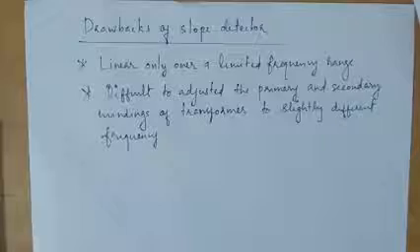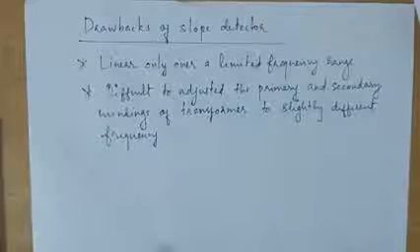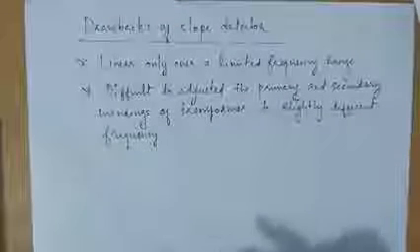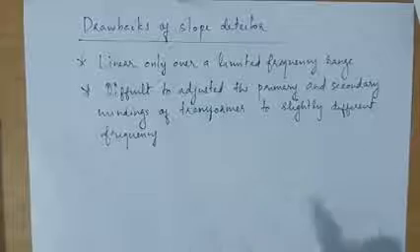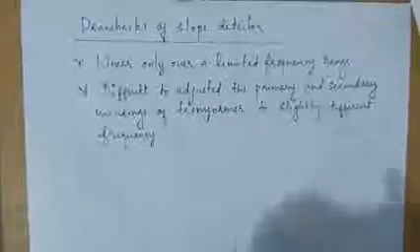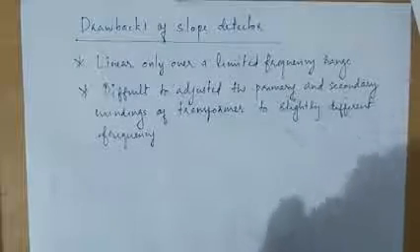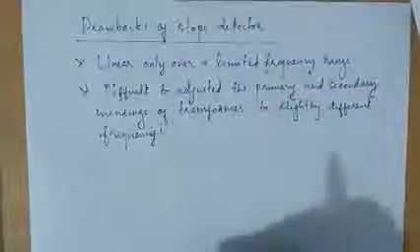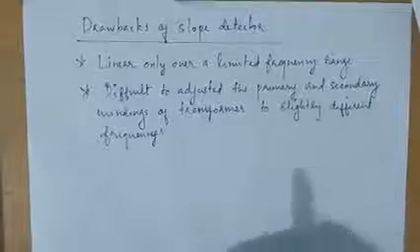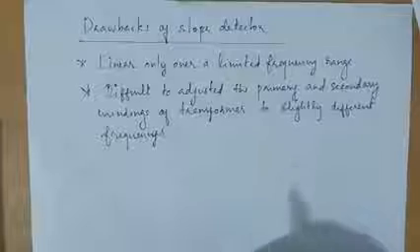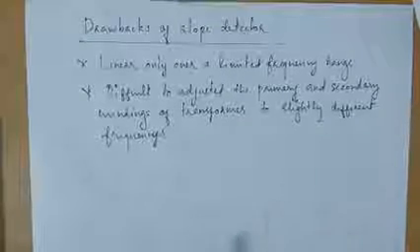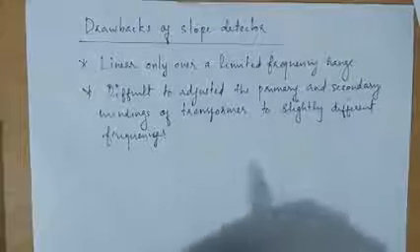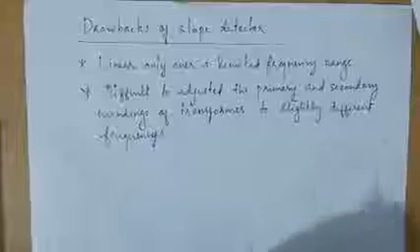And next, it is difficult to adjust the primary and secondary windings of the transformer to slightly different frequencies. We take that F0 must be greater than the incoming signal frequency, so that adjustment is a difficult task.